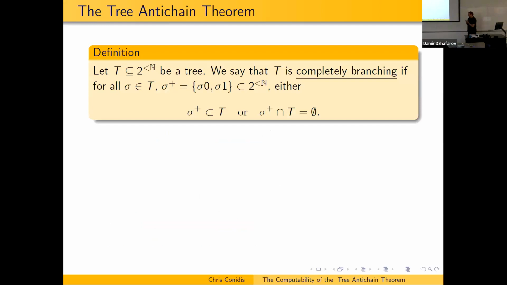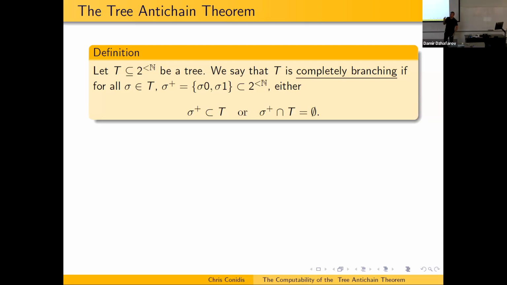Okay, now for the combinatorics. The main combinatorial structures we're going to be working with are trees, infinite binary branching trees, but the trees that I'm going to be considering are completely branching.